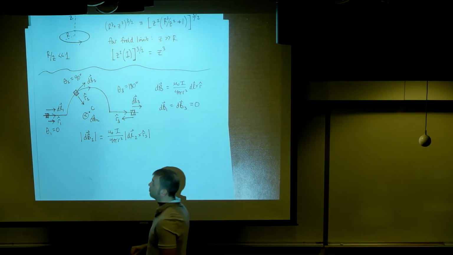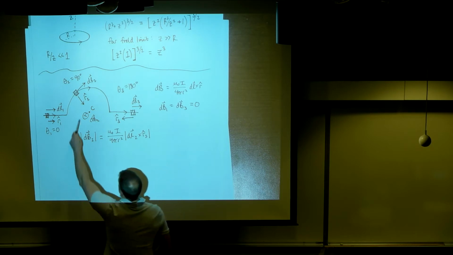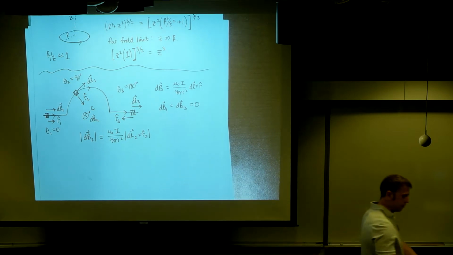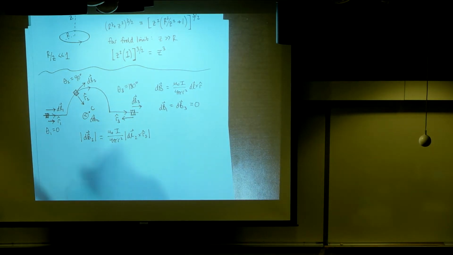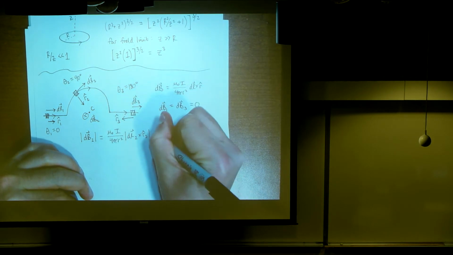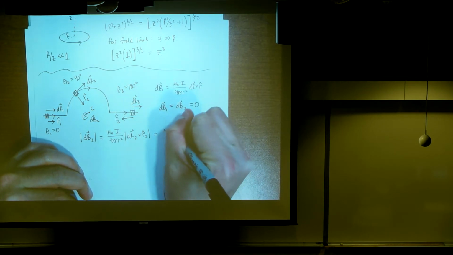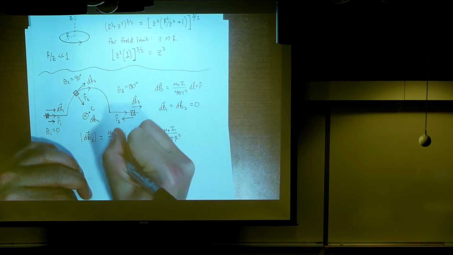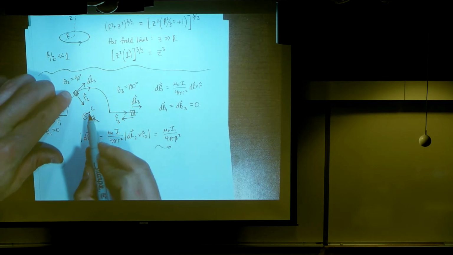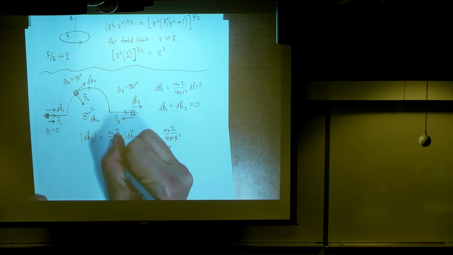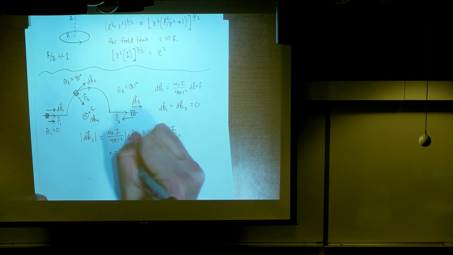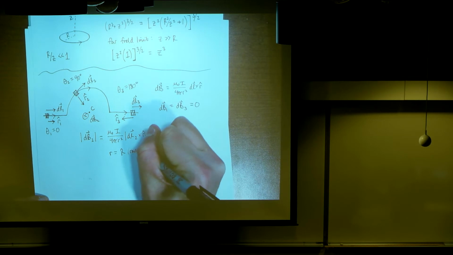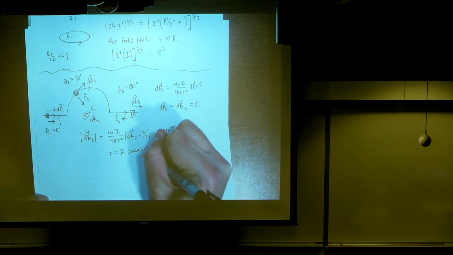Little r on the bottom, that's the distance between your current element and your field point. But in this case, that's just the radius of the circle, okay? So in other words, this is just mu naught times I divided by 4 pi big R squared. What I'm saying is the distance between your field point and your current element, lowercase r, is the same as uppercase R, which is the radius of the circle.